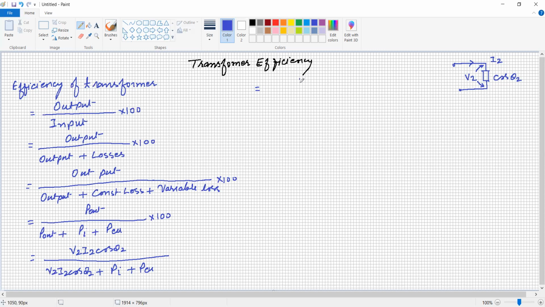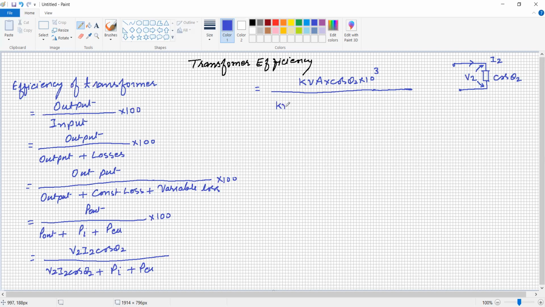So it is the kVA rating of the transformer multiplied by the power factor, cos theta 2, multiplied by 10 raised to 3. It comes into this because whenever we calculate, the losses are calculated in watts.